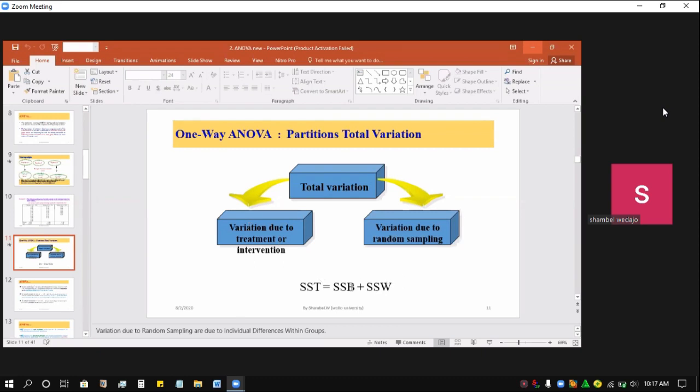So between variation as well as within variation.